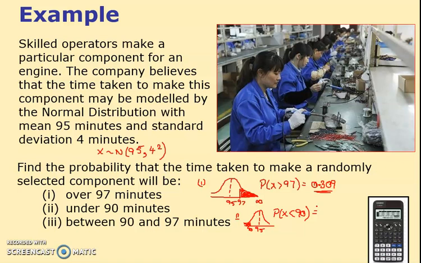It's under 90, so my lower value is negative 9999, whereas my upper value is the 90. Look at my picture. That should try to sort it out in your mind. That's minus infinity over here to the left. 90 is my upper value then. My sigma is 4, my mean is 95, and I get a probability of 0.106.